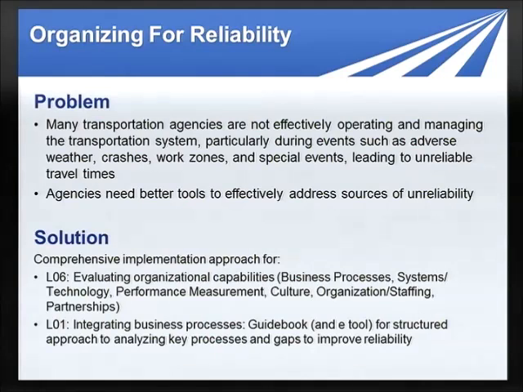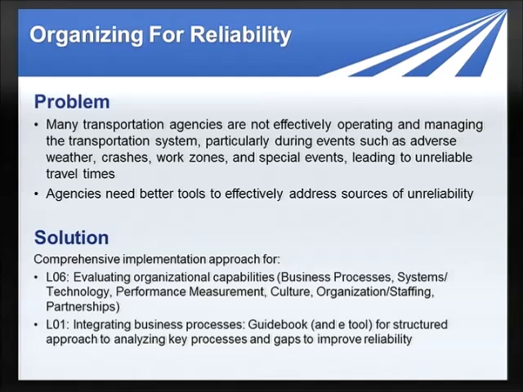And when we talk about organizing for reliability, how well those work zones are organized, how well crashes are cleared, the scene cleared, operations restored to normal, is very much a function of how the transportation agency, in this case with a freeway, a state DOT, either ADOT or WSDOT, is organized to carry out those responsibilities to operate that system.